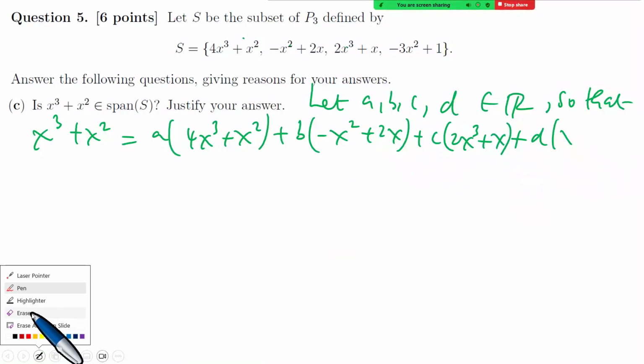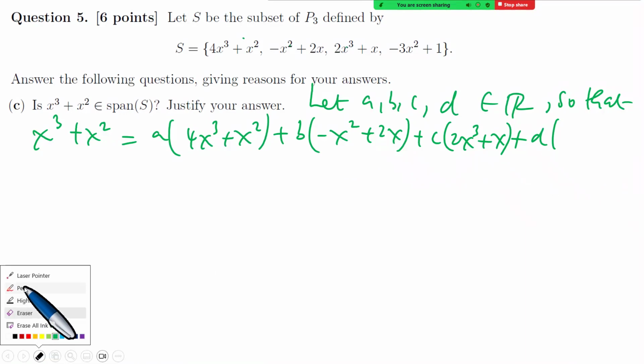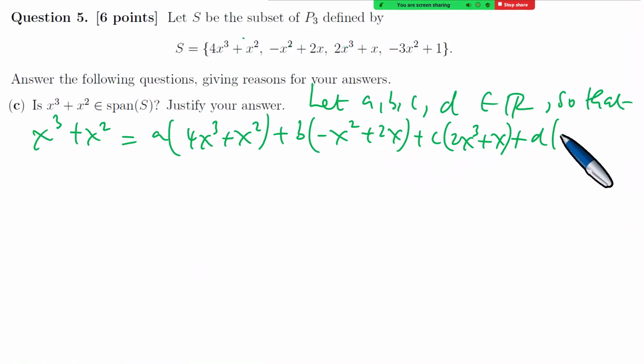We try to write the vector as a combination of the vectors in S, and the last one is minus 3x squared plus 1. Is this a member of the span? We write it as a combination of the vectors in S, and then we analyze what that means.